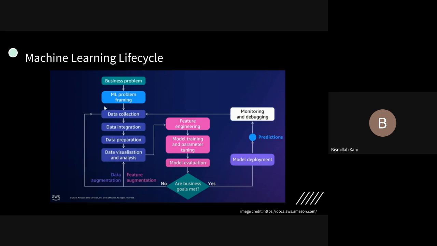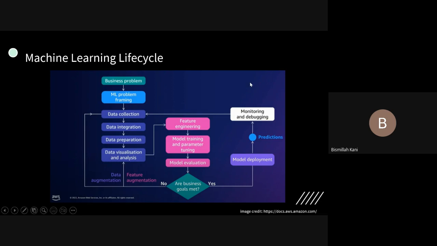But in most of the machine learning projects, all these processes are handled manually. And these manual workflows become bottlenecks, impacting productivity, performance, and cost. And that is why we need a good MLOps architecture. So that is the motivation behind why we need MLOps.